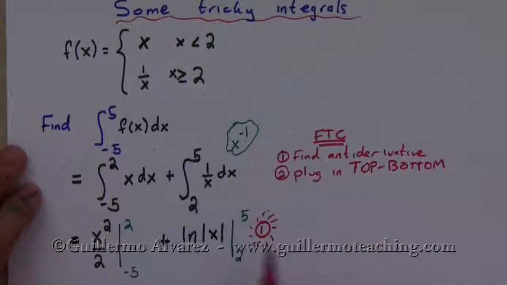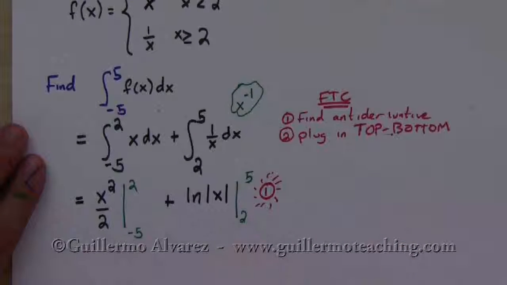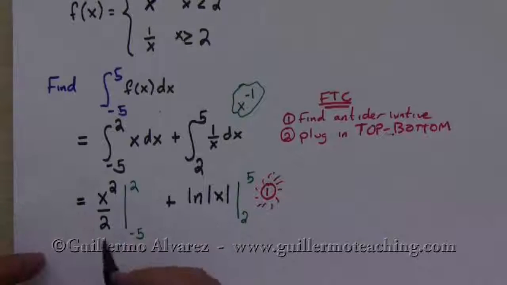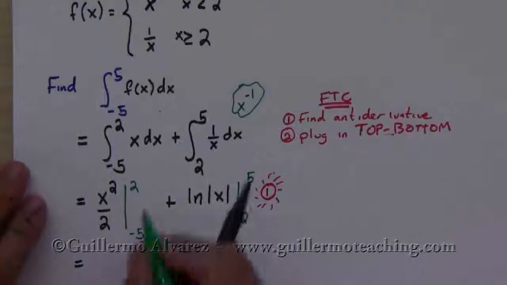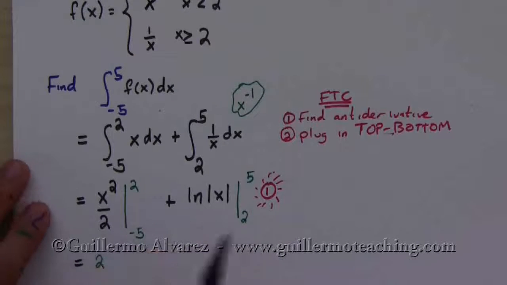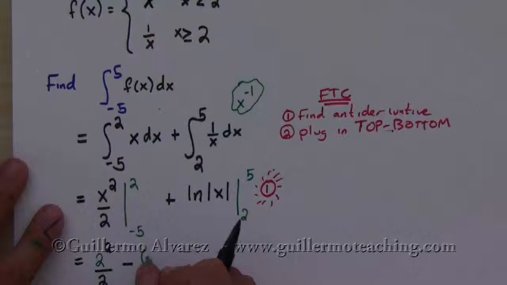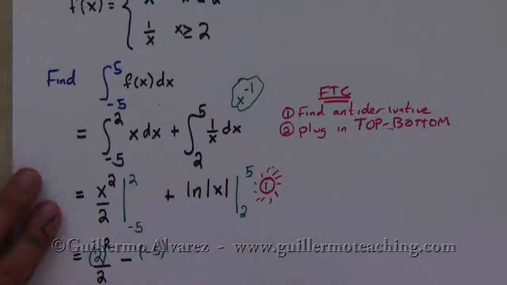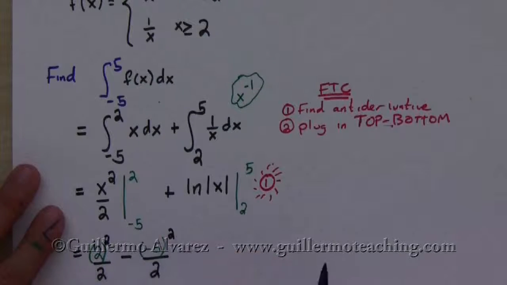Alright, step 2 says plug in top minus bottom. So we're going to do both. This is equal to, top is 2, so I'm going to have 2 squared over 2 minus, make sure you put parentheses. Actually, I should put parentheses on this one too, just to make sure we don't make any mistakes. Minus (5 squared over 2).